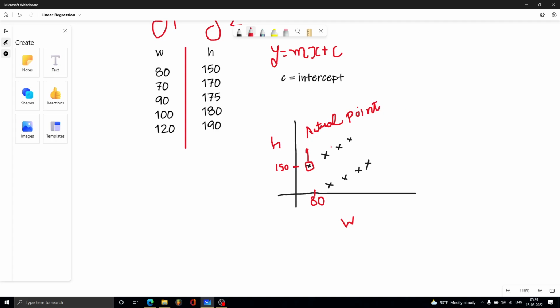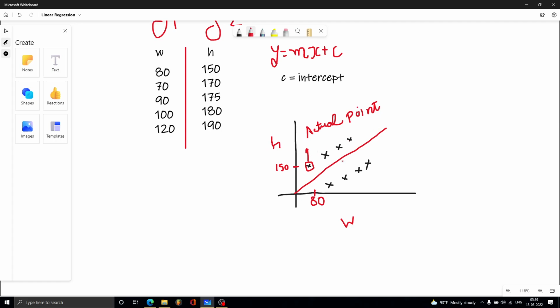Okay, clear enough? Now, our task in a linear regression model is to create a best fit line. The linear regression model creates a best fit line, and it does not necessarily need to start from 0. I'm just explaining it in this way, as it is easy to visualize.